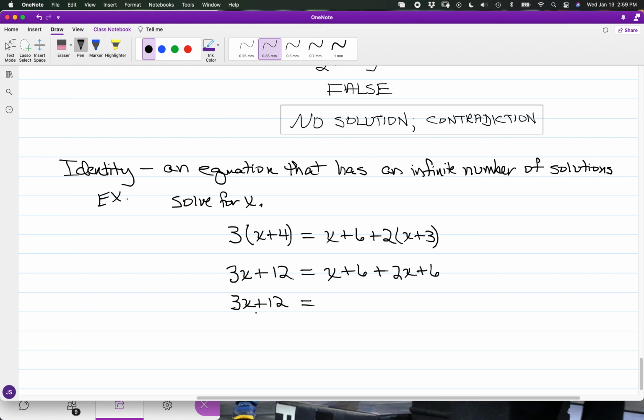Again, we have 3x plus 12, and to the right we have x plus 2x, which will make 3x, plus 6 plus 6, so this would be plus 12.